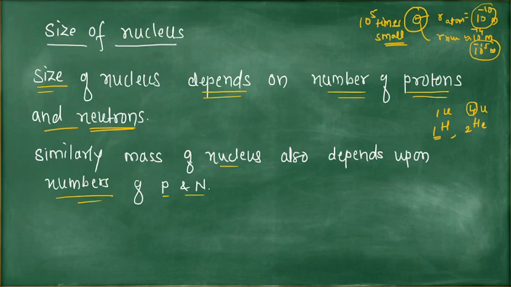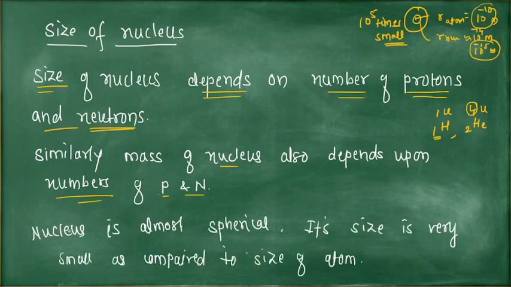So mass depends on protons and neutrons, and size also depends on the number of protons and neutrons. More protons and neutrons, more size and more mass.